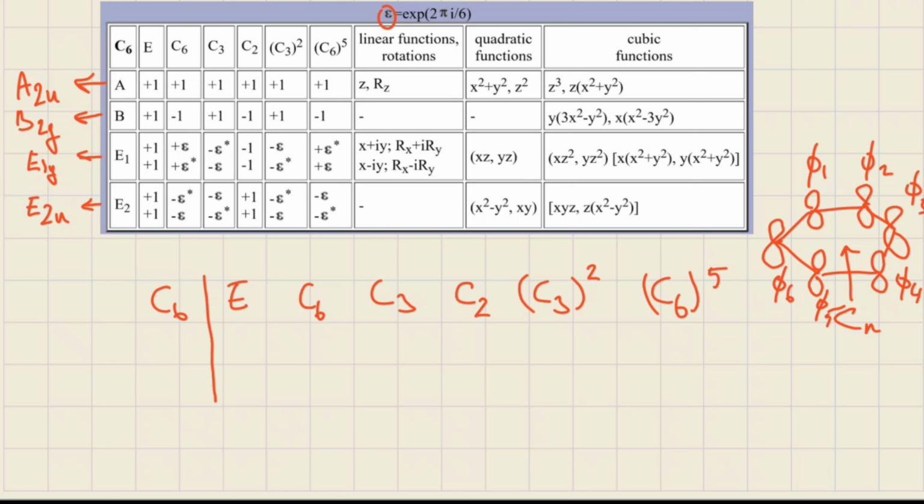So if we apply, for instance, E, I will simply make phi 1, phi 2, phi 3, phi 4, phi 5, and phi 6. So I will choose one of the directions, for instance, clockwise. Okay. If I apply C6, for instance, which one?